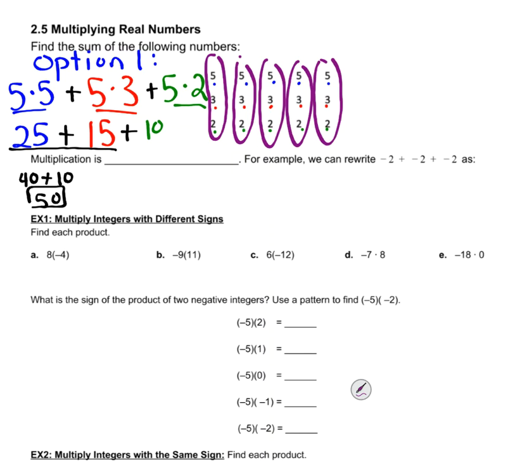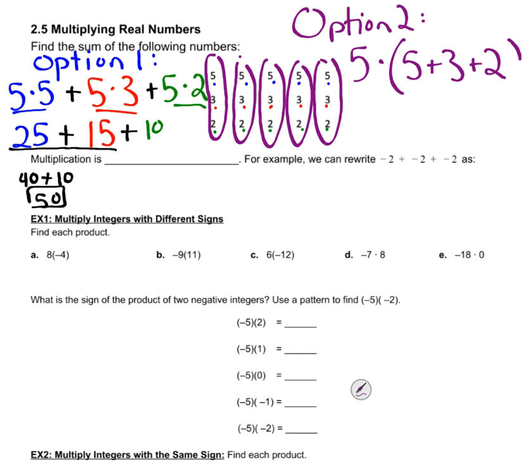Another way to represent that, here's option 2, is we have 5 of these columns that have a 5, 3, and a 2 in them. Each column is actually worth 8. 5 plus 3 plus 2, nope, it's worth 10.